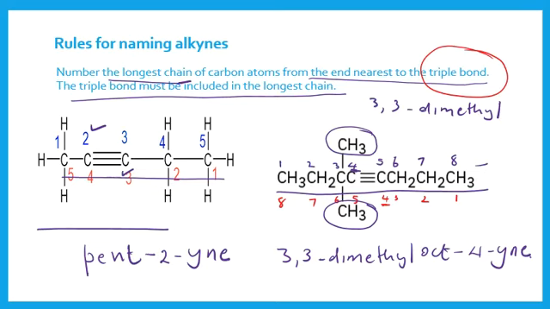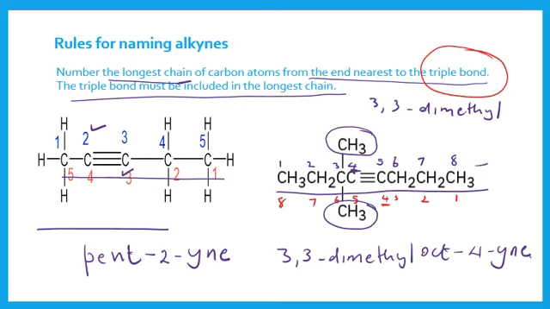Let me just number them: 1, 2, 3, there's a 4th one here, 5, and there's a 6th one next to it, 6, 7, 8. So we have 8 carbon atoms, and the chain includes the triple bond, so we are good to go there.